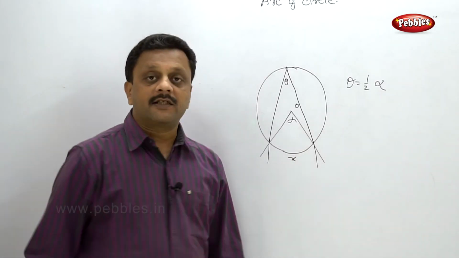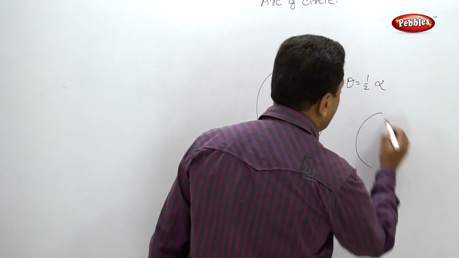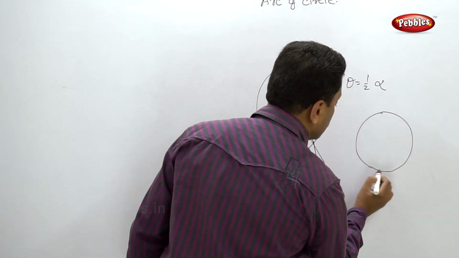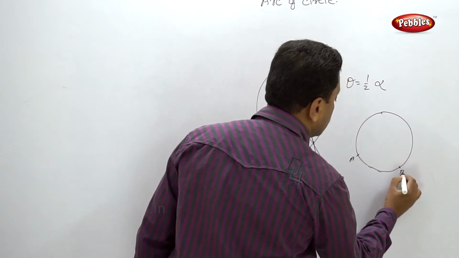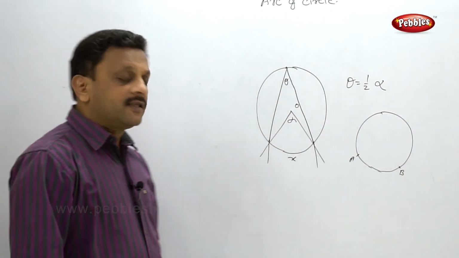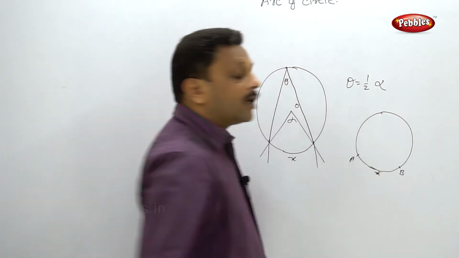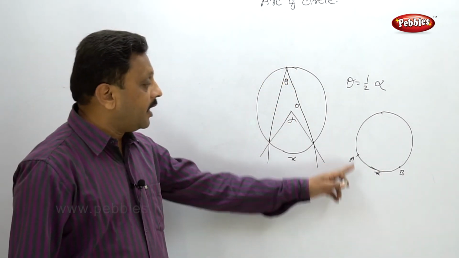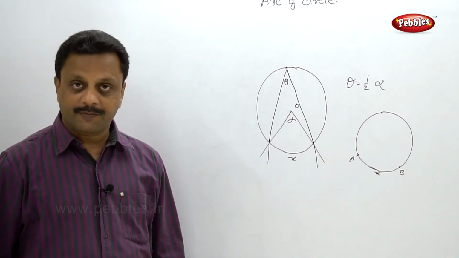All the angles subtended by the same arc, for example, I'll show it here. Suppose I say this is an arc AB. So whatever angles this arc AB, or I'll say AXB, whatever angles this arc AXB subtends will be congruent.